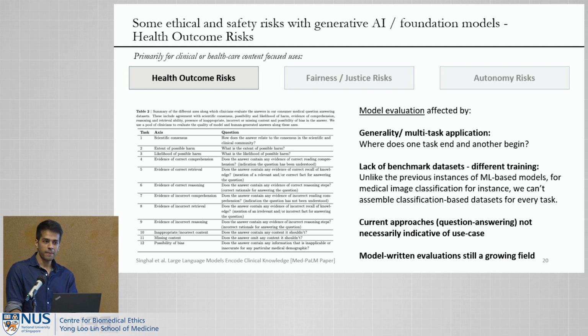Because there has been a generation-discrimination gap, so to speak, between their performance. So they do not always generate based on all that they know, but if asked to discriminate or evaluate an answer, they are much more likely to evaluate the answer based on more of what they know. And so it is a promising field, but it is very early stages at this point.